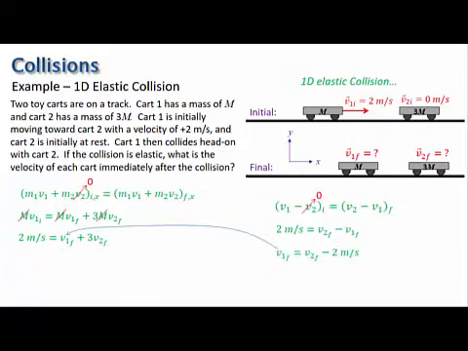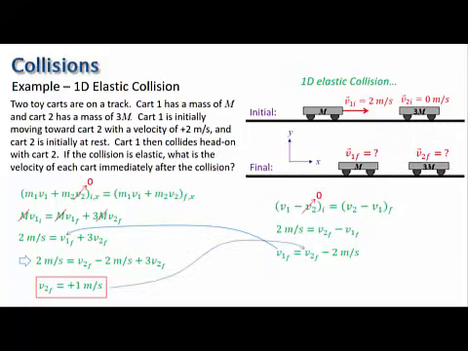The first equation then becomes this. And now we can solve for V2 final in this equation, and we find that V2 final is positive 1 meters per second. We can then substitute that result into the second equation on the right, and we find that V1 final is negative 1 meters per second. There are other worked out examples of 1D elastic collision problems that are posted as well.